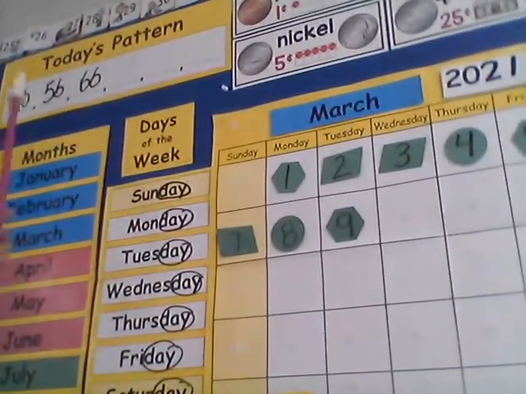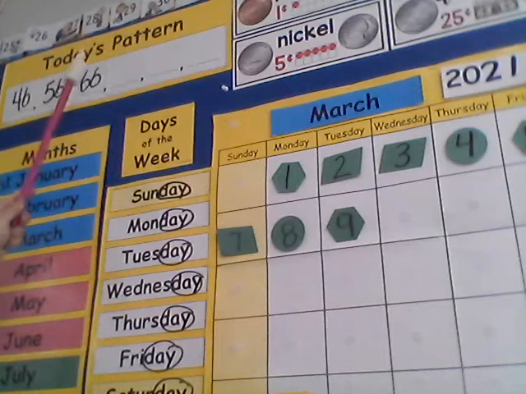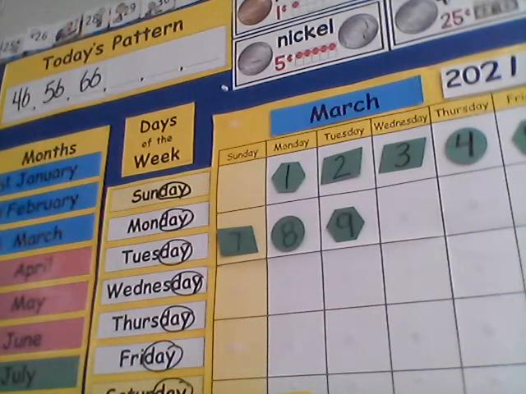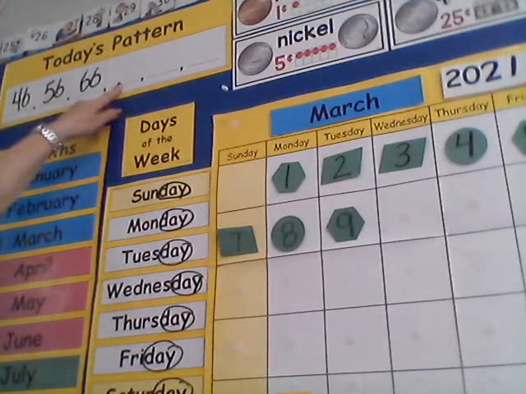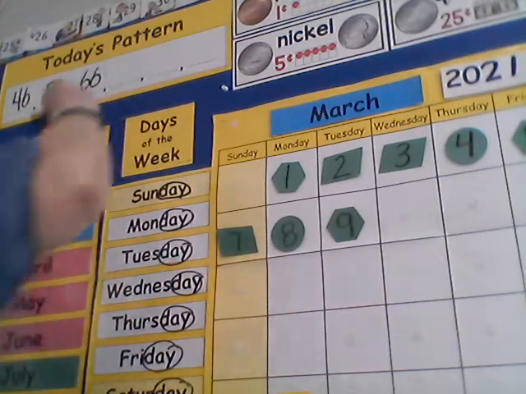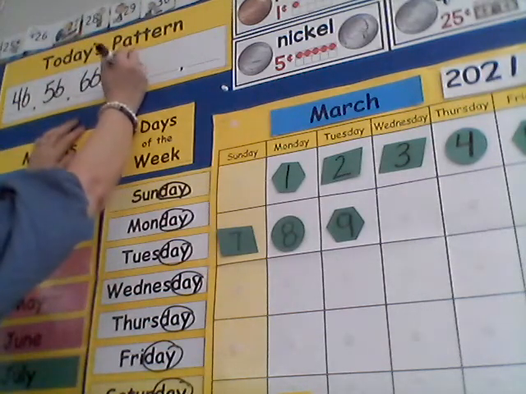We have 46, 56, 66. We are counting by what? We are adding tens. You are correct. So let's see if we can figure this out. 46, 56, 66. Okay. 76.